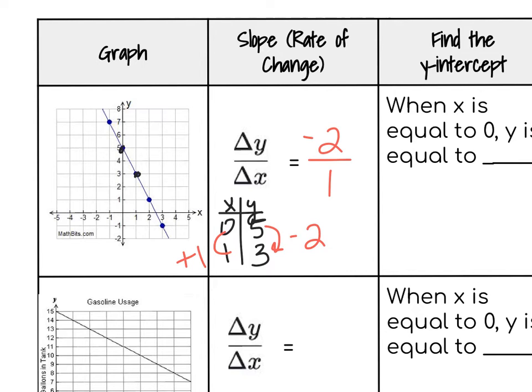The other way I see people do this is they count it off the graph. So they look at the vertical change, and I went up 2, and the horizontal change, well, I went to the left one, that's the negative direction. And 2 over negative 1 is still negative 2.